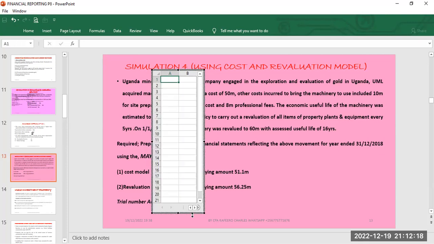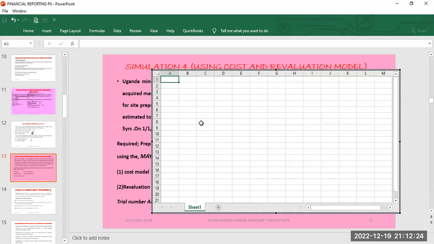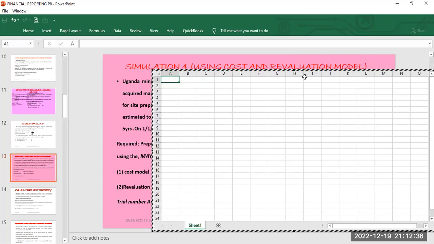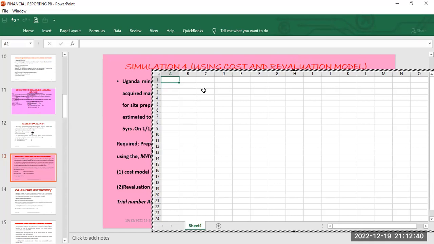Let me enlarge this so that it fills the screen. Okay, it's UML.